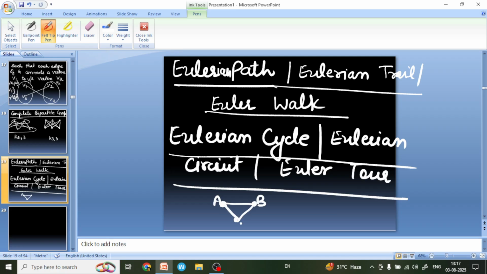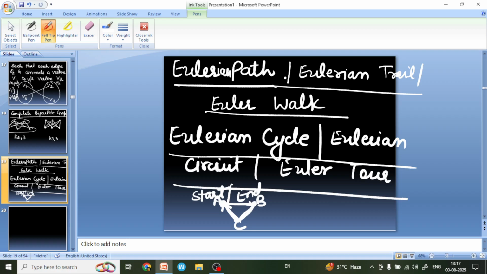A, B, C. This is the start and this is the end. You start here, go there, C, and then come to A. This is known as Eulerian cycle, Eulerian circuit or Euler tour.